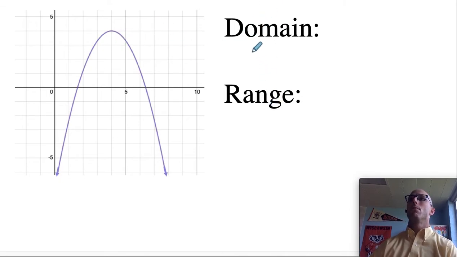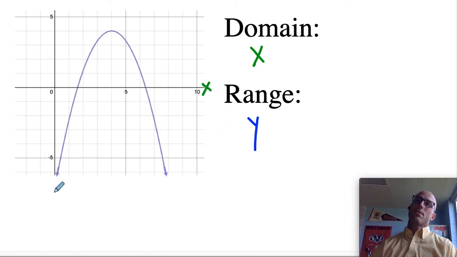I want all the possible inputs x, all the possible outputs y for my range. So my domain, again, I'm looking left and right. Here's my x-axis. Now the arrows on this graph indicate that this graph is definitely going to go down forever.